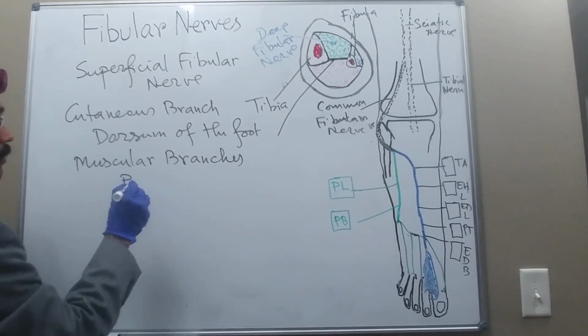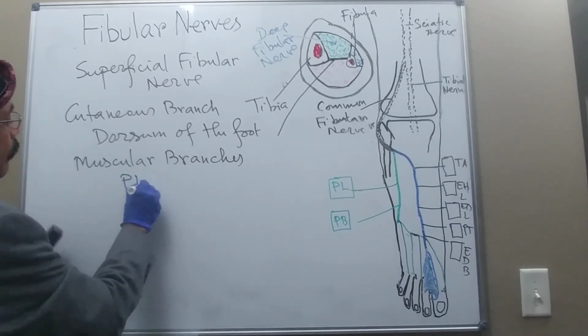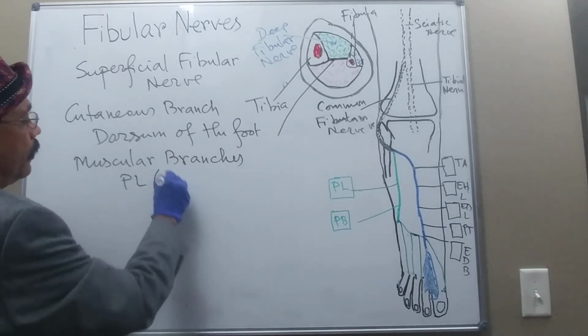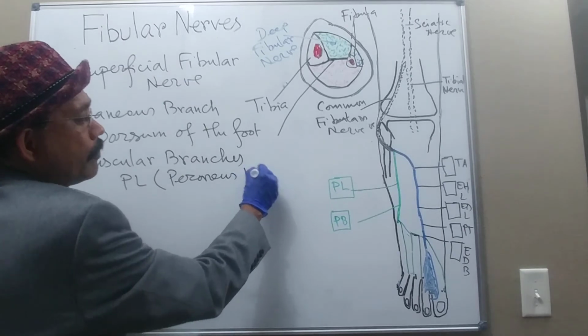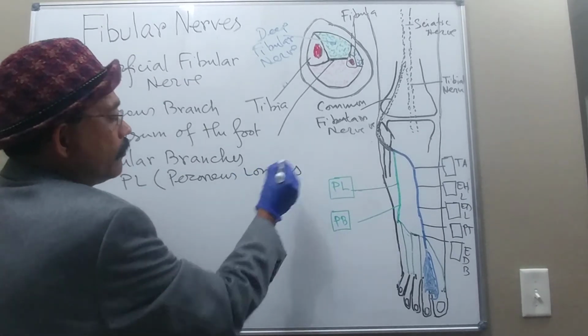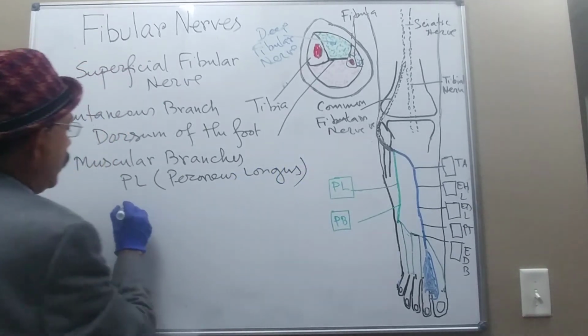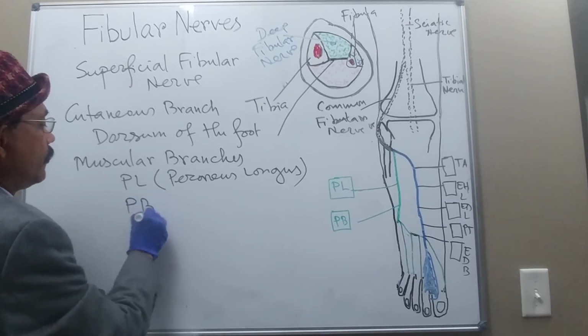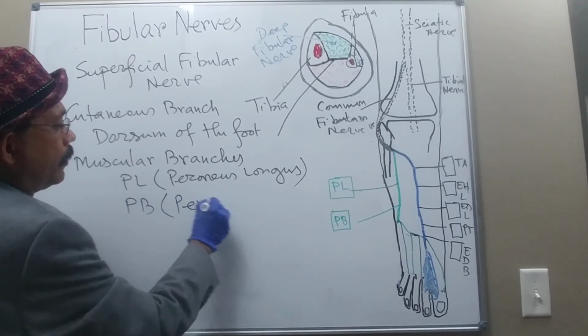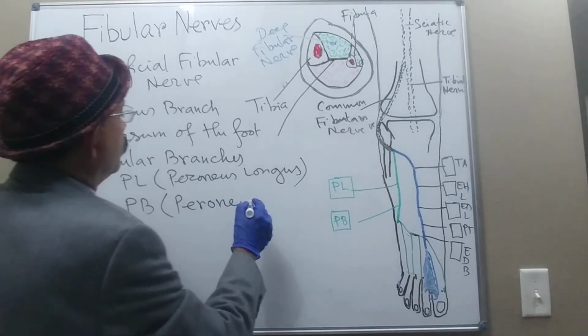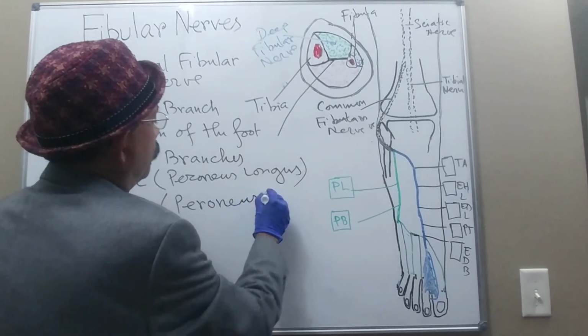One is fibularis longus or peroneus longus, and peroneus brevis, same as fibularis brevis.